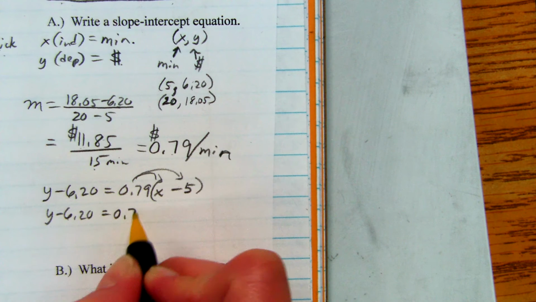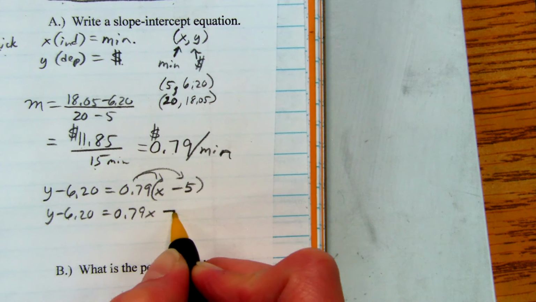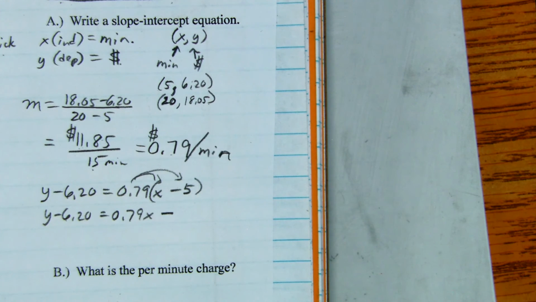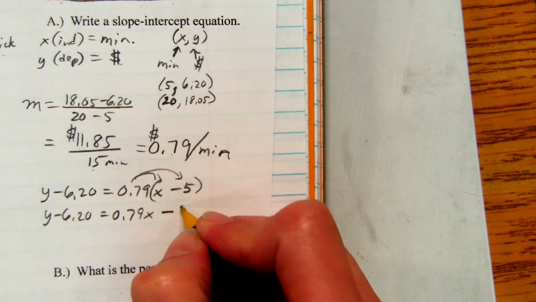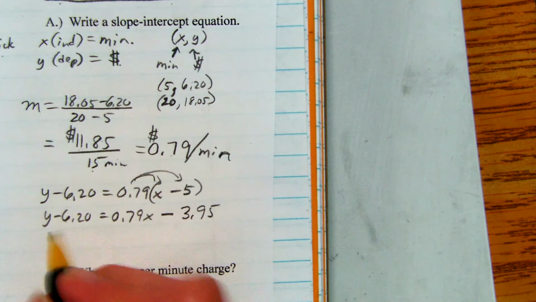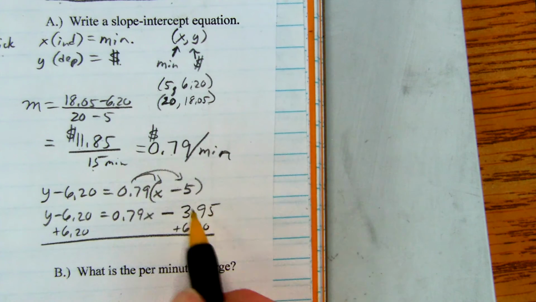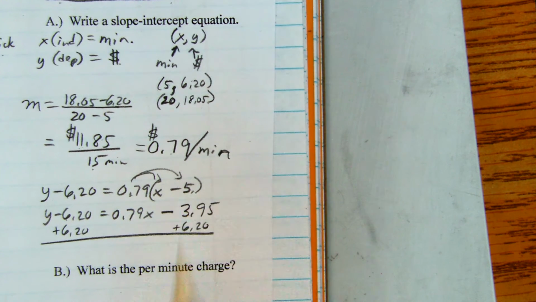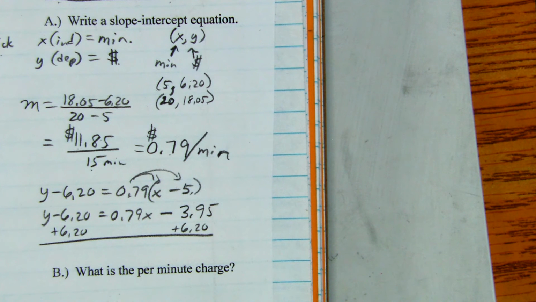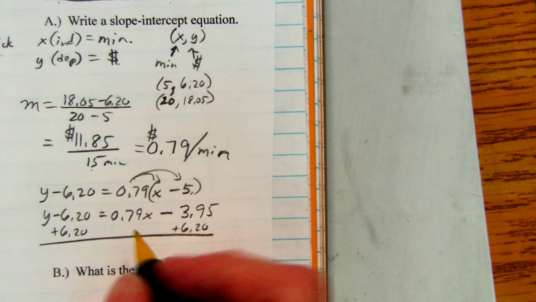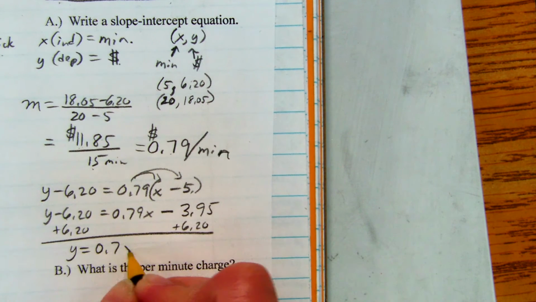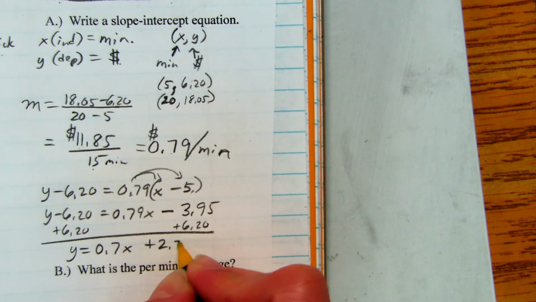We get 0.79X minus 3.95. Where do you get the 3.95 from? 0.79 times 5. Oh, okay. So we were just distributing. And then we're going to add that 6.20 on, and we get Y equals 0.79X plus 2.25.